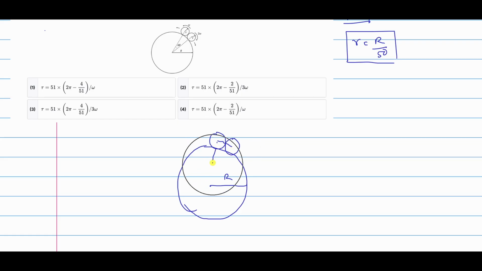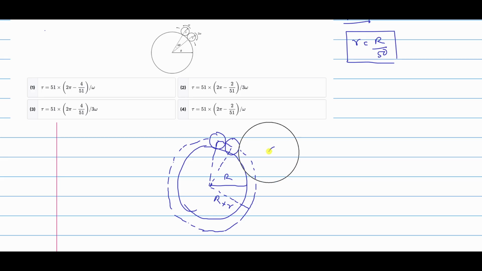From here we can see that if we join this, the total distance covered by them will be along this bigger circle, and the radius of this bigger circle will be R plus small r. So what will the circumference be? It is equal to 2 pi (R plus r).